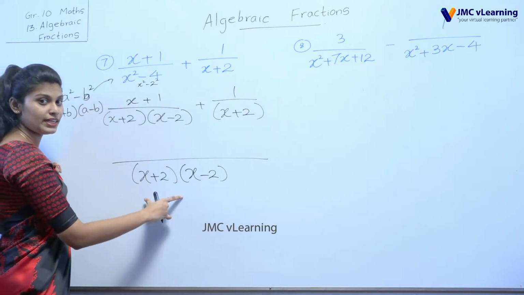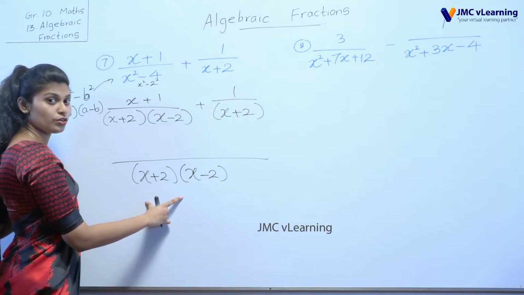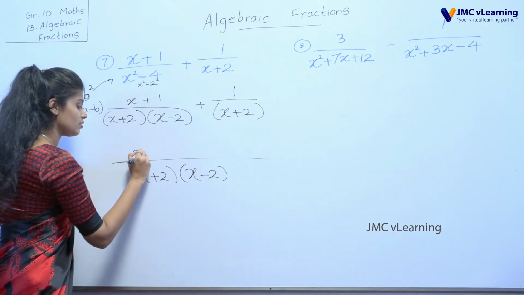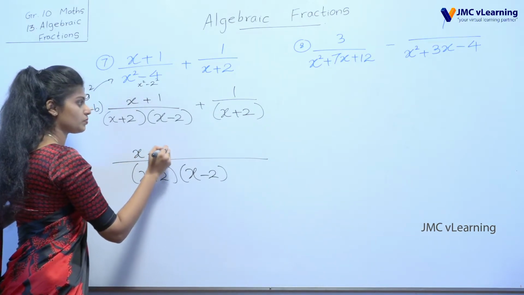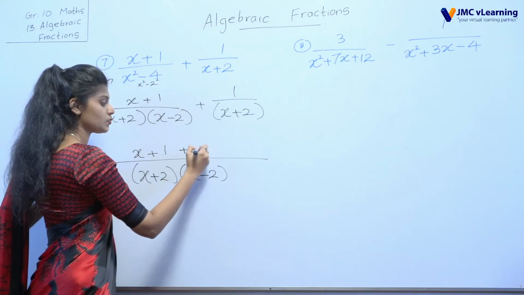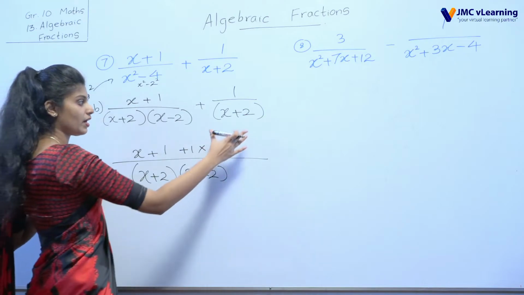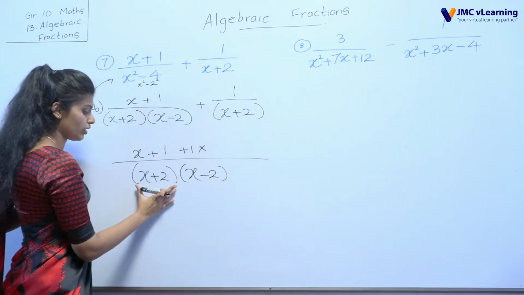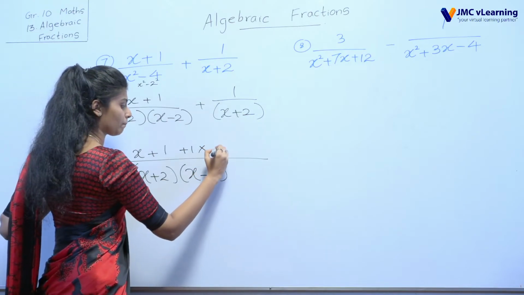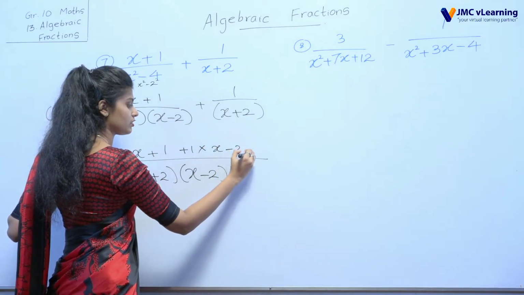Then here denominators are equal to each other, so no need to multiply using another term. Let's take this numerator x plus 1. Then here numerator is plus 1. This one you have to multiply the left part. Here x plus 2 is there. Multiply with the other part, x minus 2.